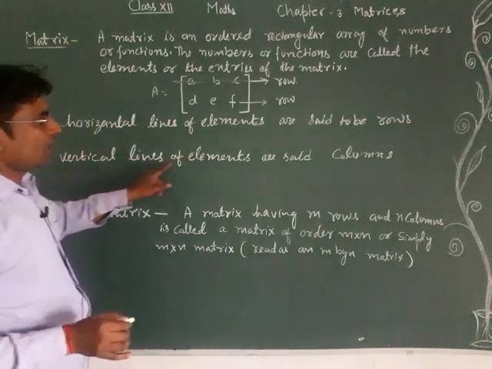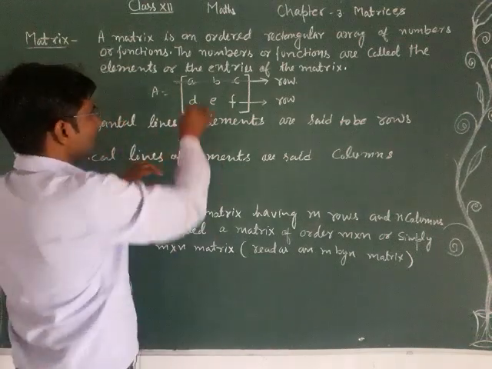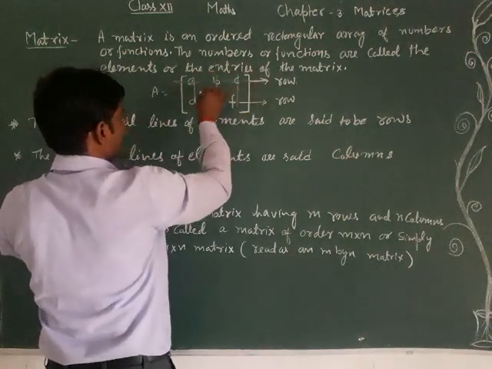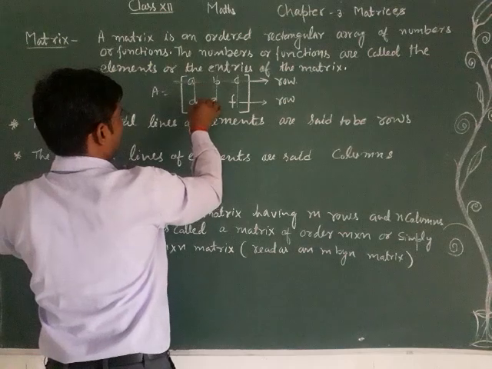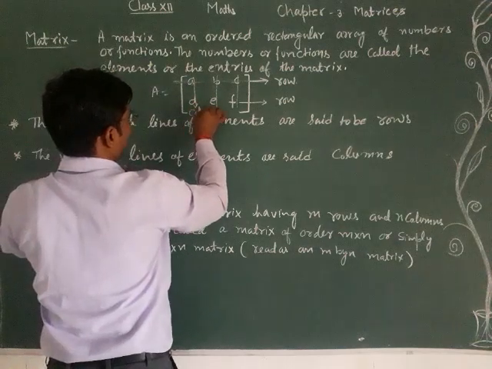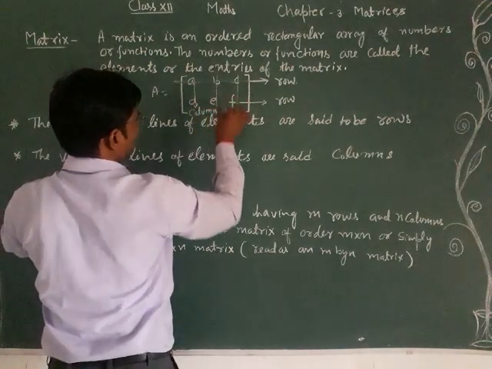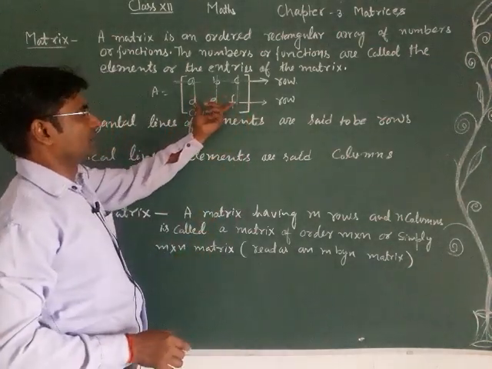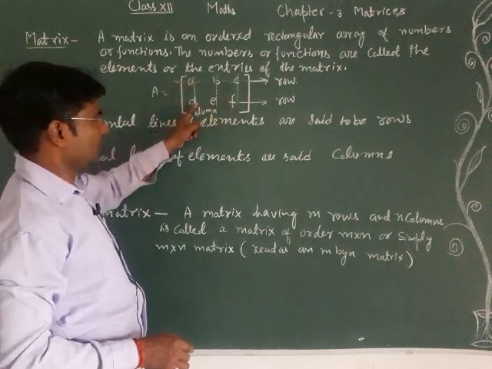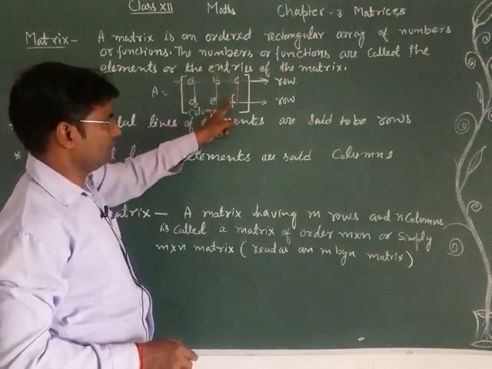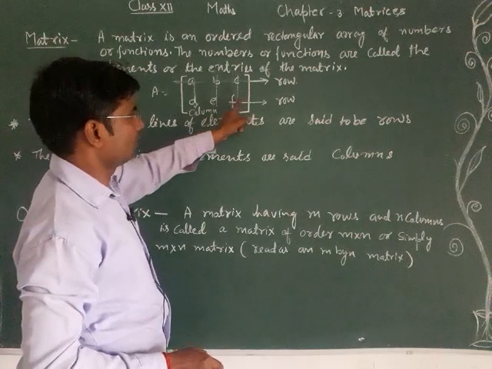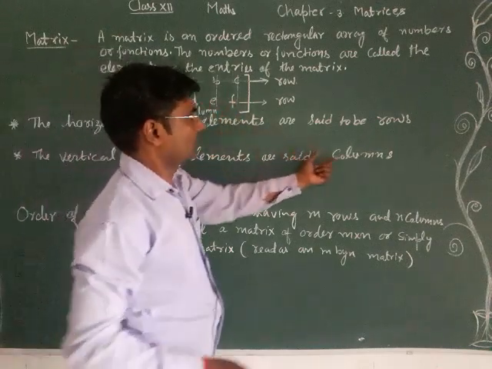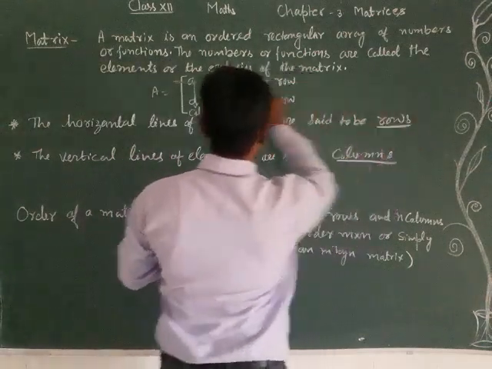The vertical lines of elements are called columns. There are three columns: one column, two column, three column. This is a row.